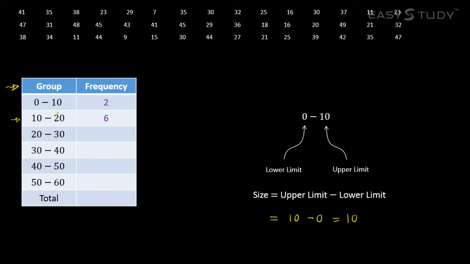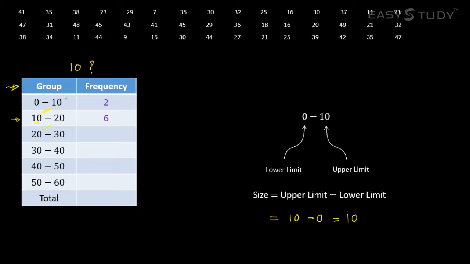You may have noticed there is an overlap between intervals. Here we have 10 as an upper limit and here we have 10 as a lower limit. Let's say a student scores exactly 10 marks. Which group will he be in?